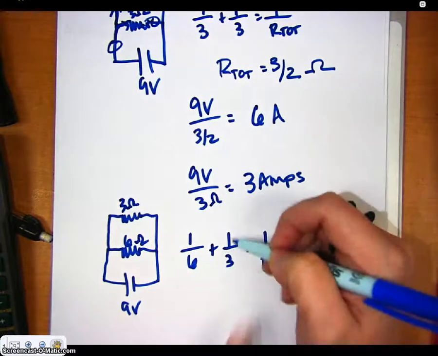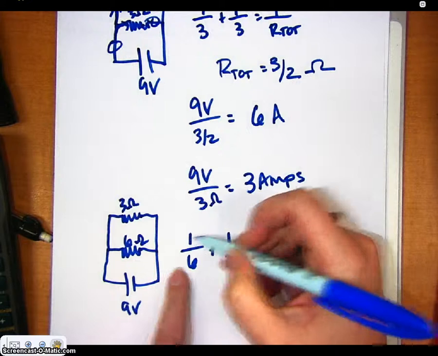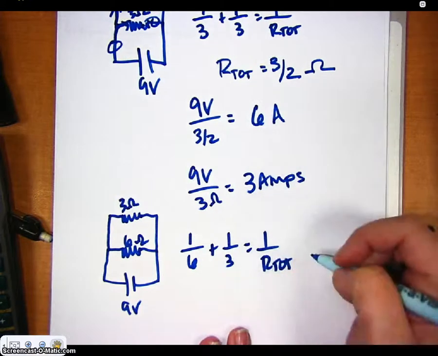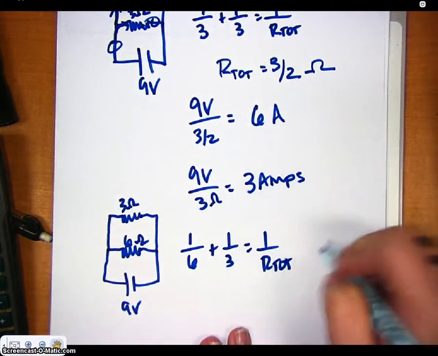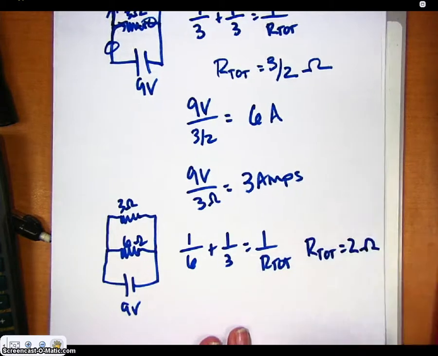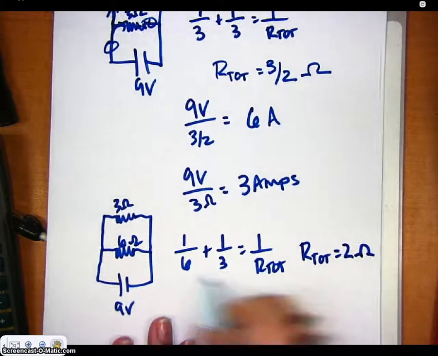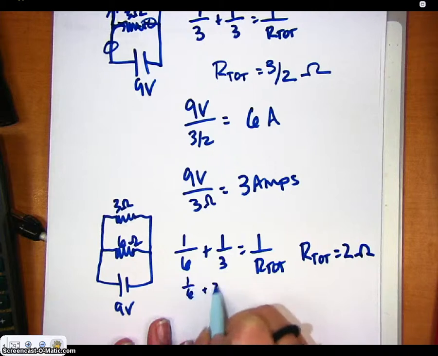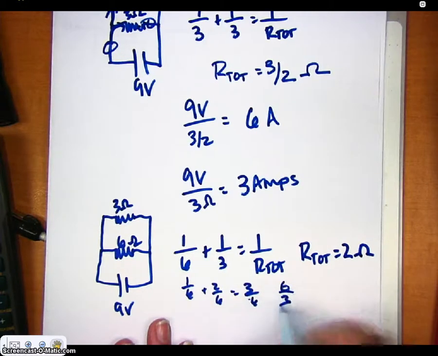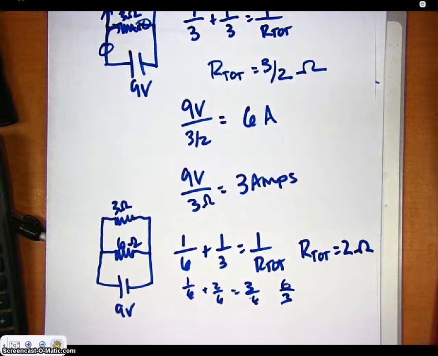Okay, so I did 1/6 plus 2/6 equals 3/6, and then you take the reciprocal of 3/6, so it would be 6 over 3, which is 2. So our total would be 2 ohms, right? So I have decreased the resistance.